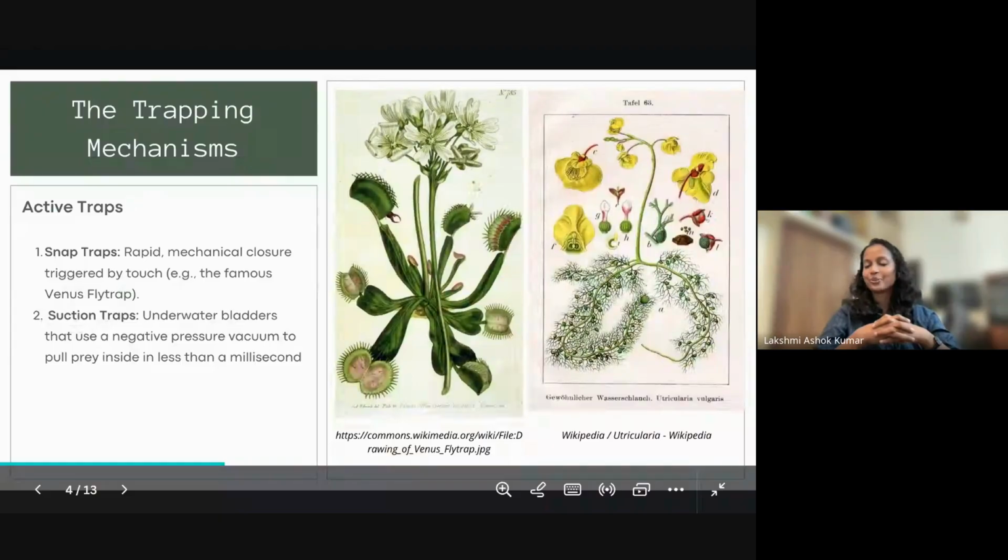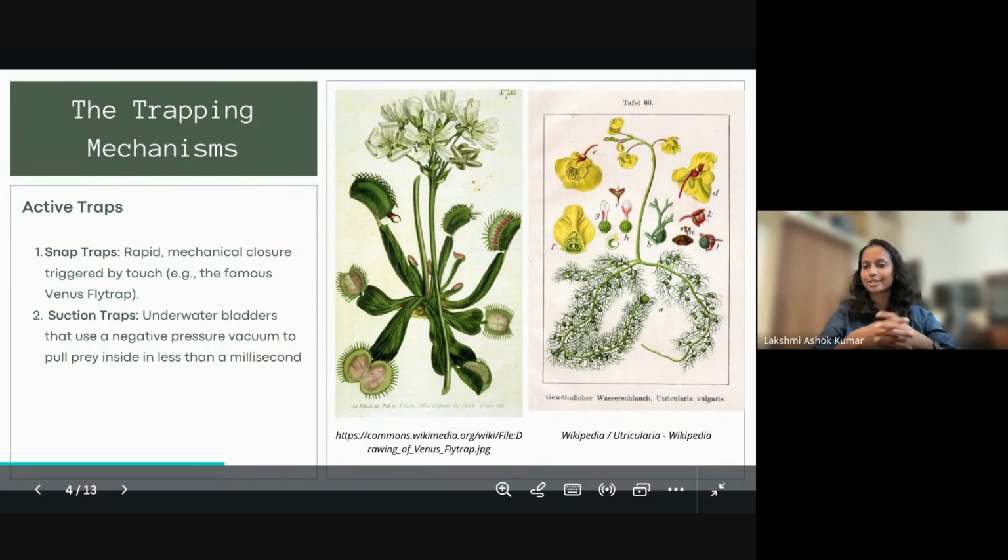There are different types of trapping mechanisms in which there is action and also passiveness. So we can categorize the trapping mechanisms into two: one is active traps and another is passive traps. Usually in active traps, you can see action. There would be movement in the plant in order to catch the insect and digest it.